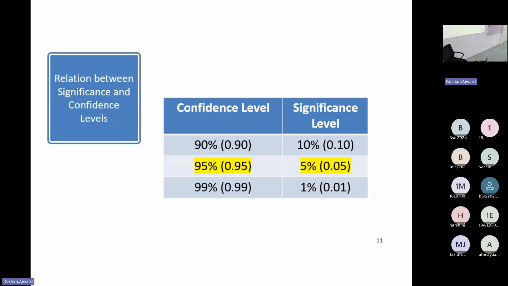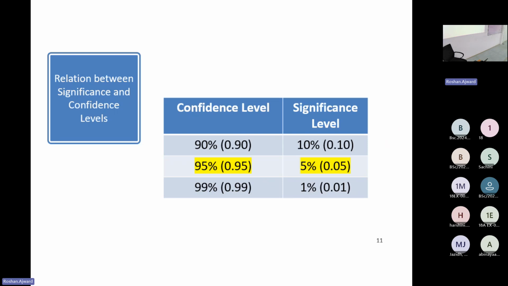In Stata, they show the significance level, which is called the P value or the probability value. It doesn't show the confidence level.